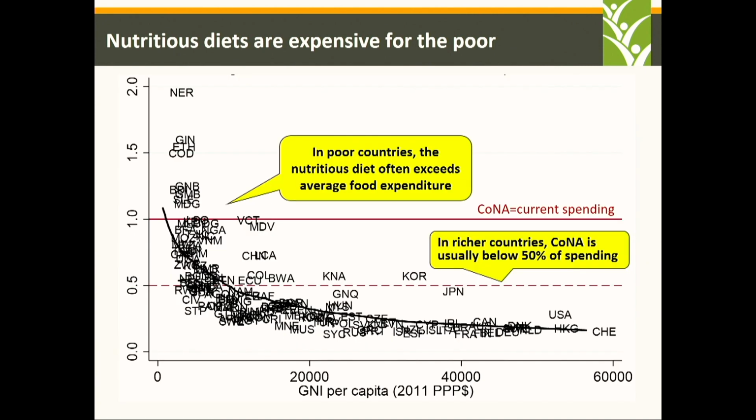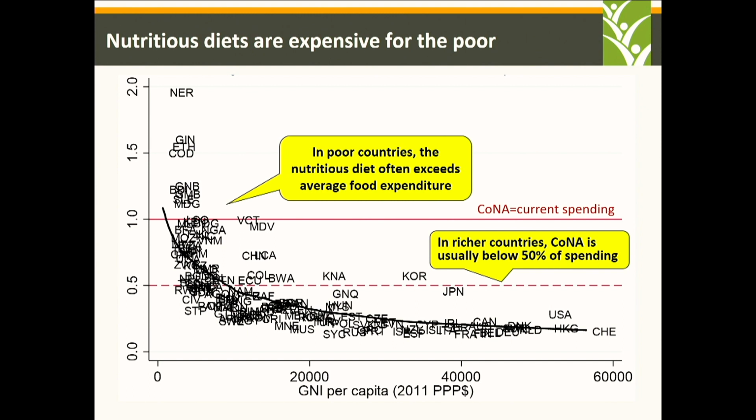The other thing we look into is the relative cost of meeting nutrition to current spending. And we see very low income, very poor countries are just above or below the current spending on food.